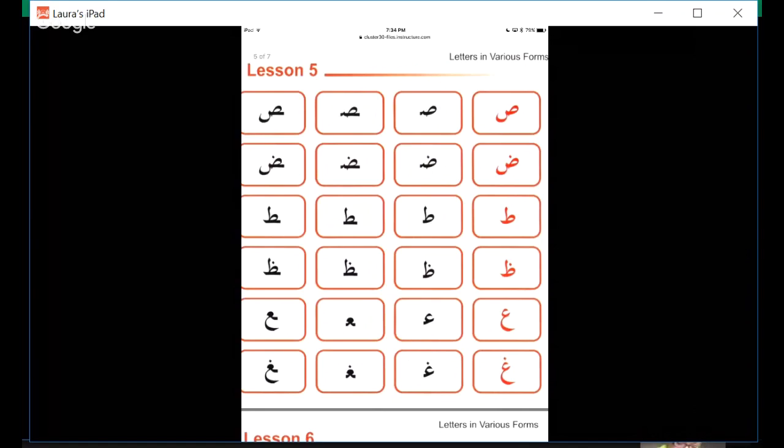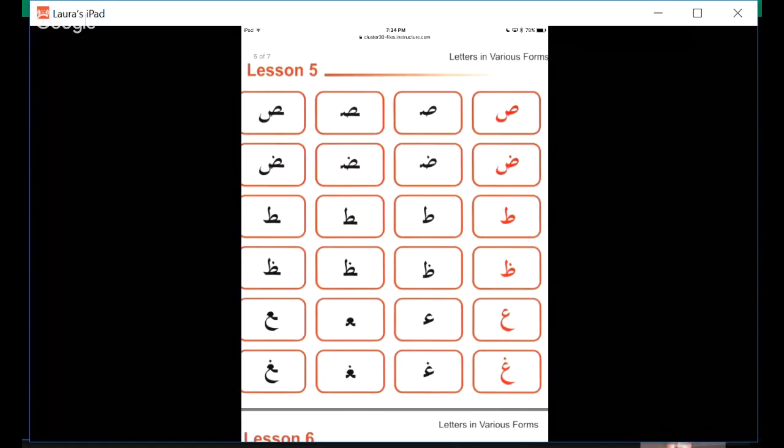Now, we have ein and ghain, the last two rows. And here you'll notice they change a lot, okay? So in isolation, you have ein, it's a fairly large letter. At the beginning of a word, it almost looks like Hamza, but it just sits on the line and it connects to what follows it. Then ein in the middle of a word in your third column, and finally ein at the end of the word.